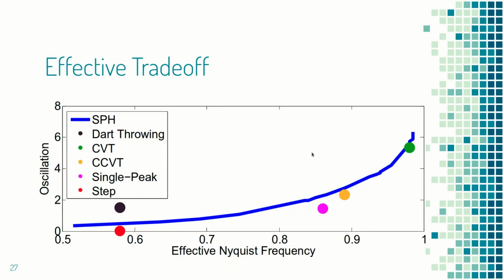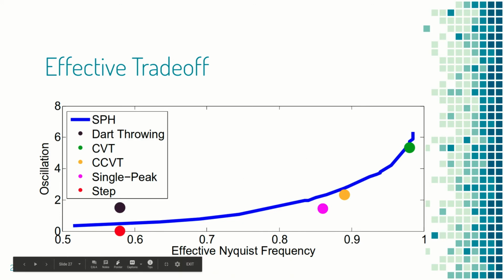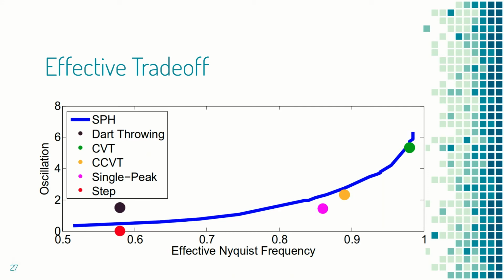And in comparison with some other methods here, what we typically would do is we would plot the effective Nyquist frequency against the oscillation. So those were the spectral properties we had previously. Now there's normally a trade-off between these two properties.